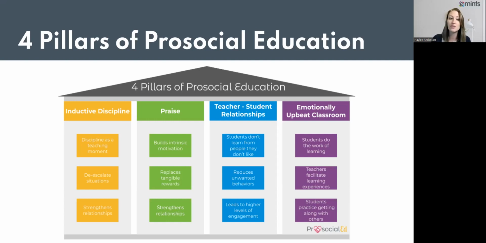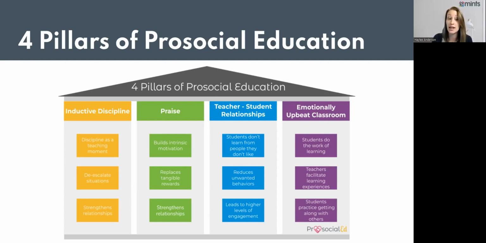When it comes to inductive discipline, it is finding the teaching moment, figuring out why a student is behaving the way that they are, and de-escalating situations that could have led to discipline infractions. And that in turn helps strengthen relationships with your students.